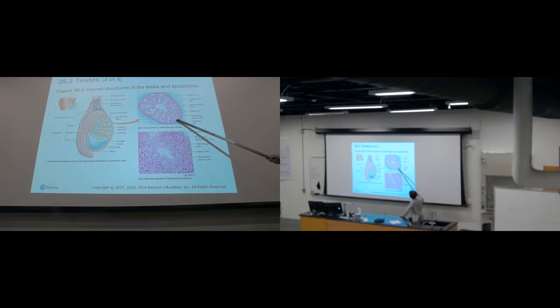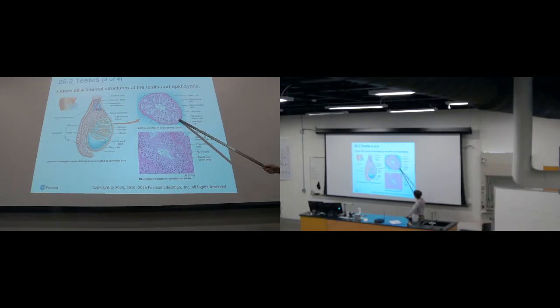In between these seminiferous tubules, you have the interstitial cells, which produce testosterone. Here you have the sustentacular cells, or nurse cells, that help to nourish and protect these different levels of differentiation of the sperm cells.